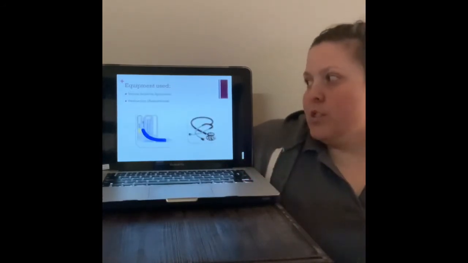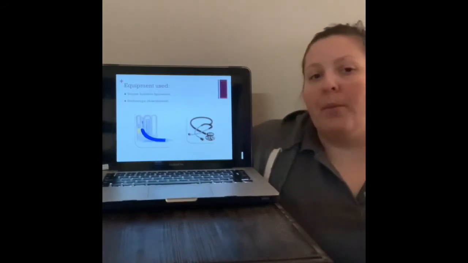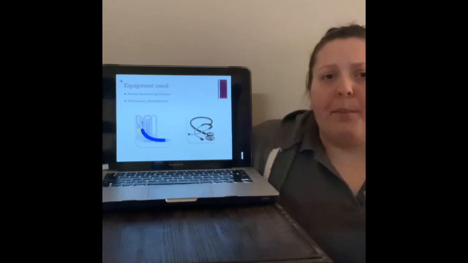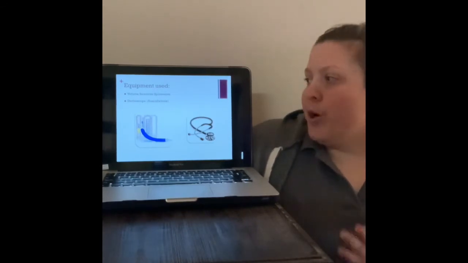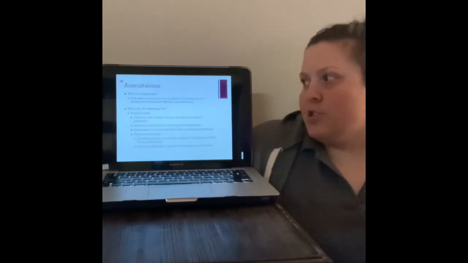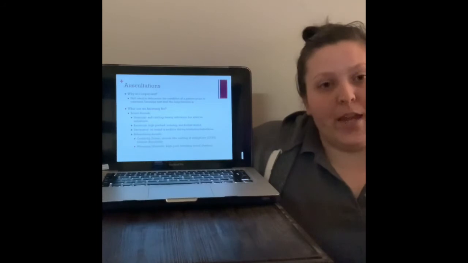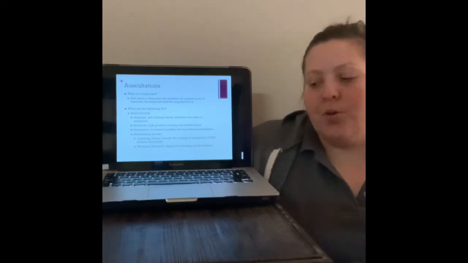So for equipment used, a patient will most likely have some sort of volume incentive spirometer, usually prescribed by the doctor, but we're going to be using a stethoscope typically to perform auscultations. And auscultation is just a technique or skill used to determine how well the patient is breathing through the stethoscope.